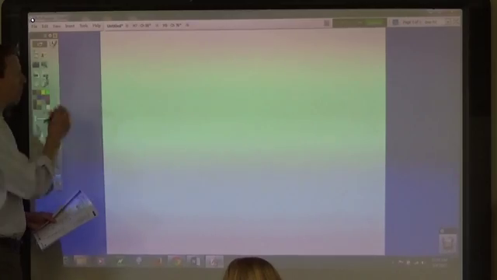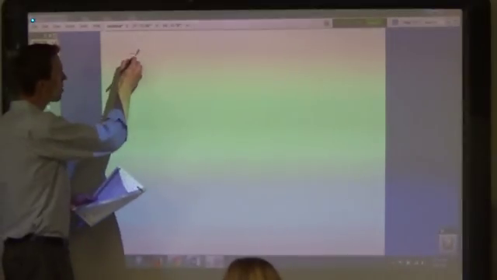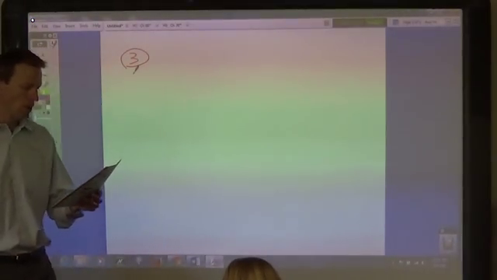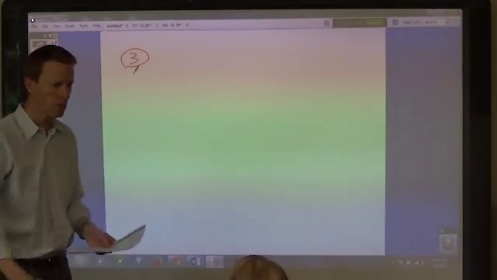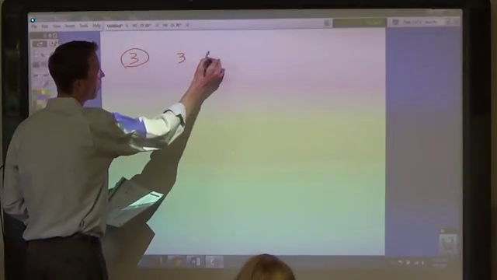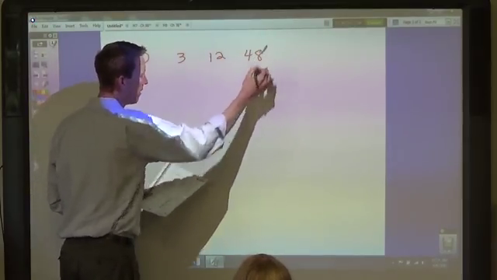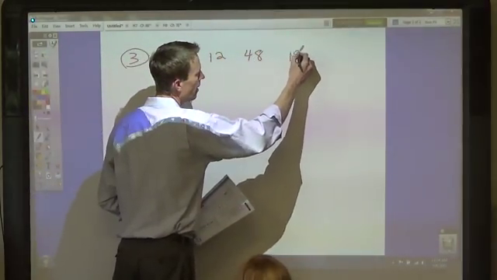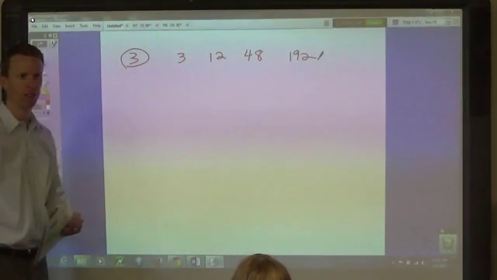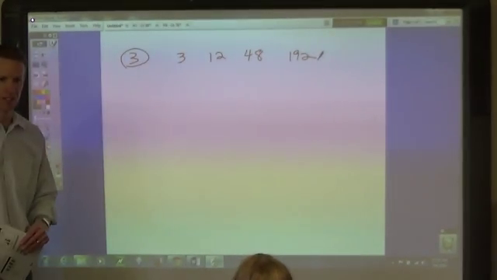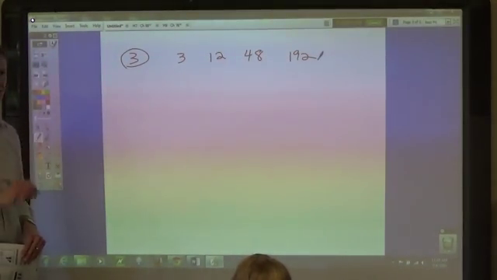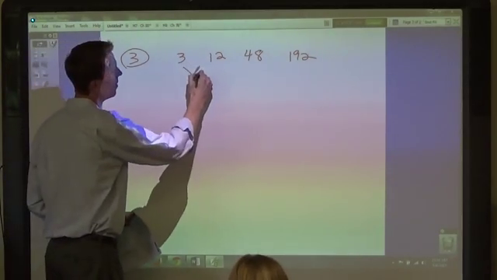Number 3, the sequence. What are the next two possible terms if the terms are 3, 12, 48, 192? What's going on here? Yeah.